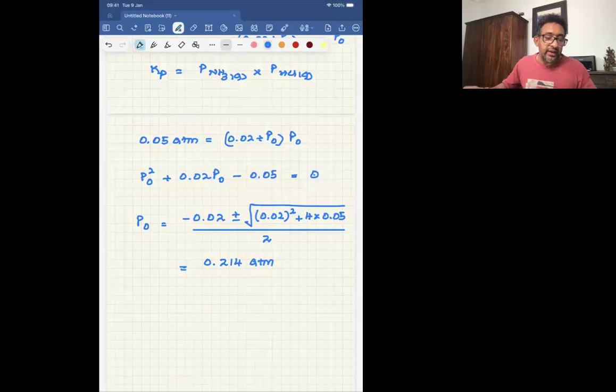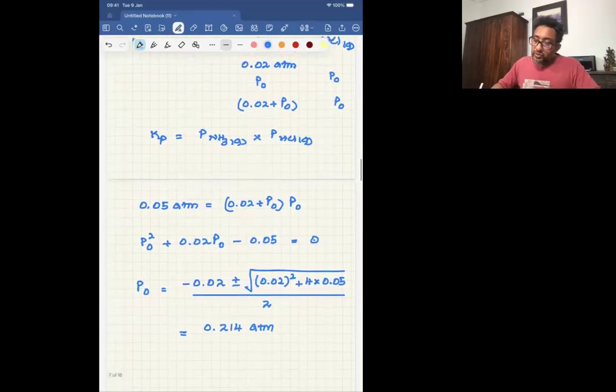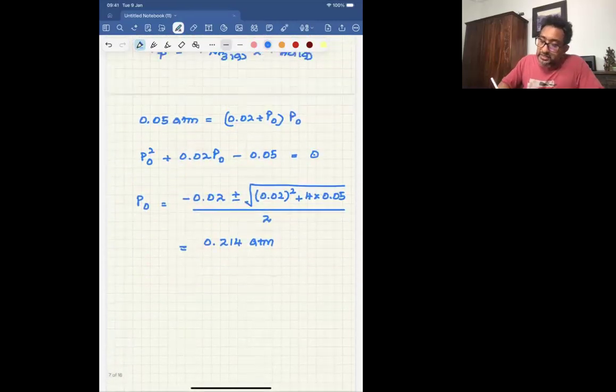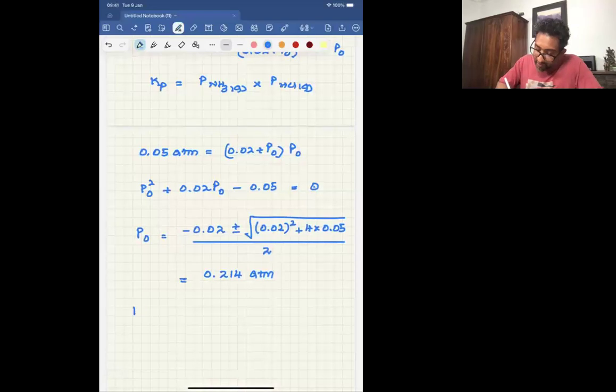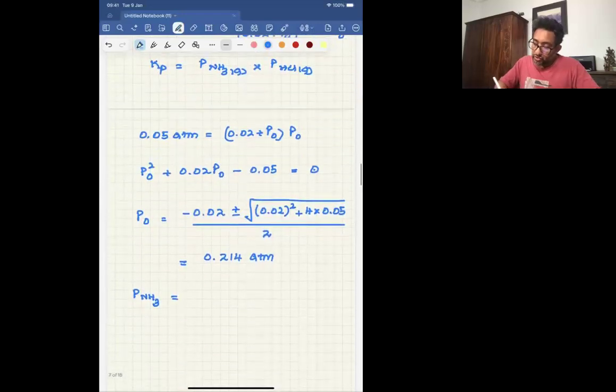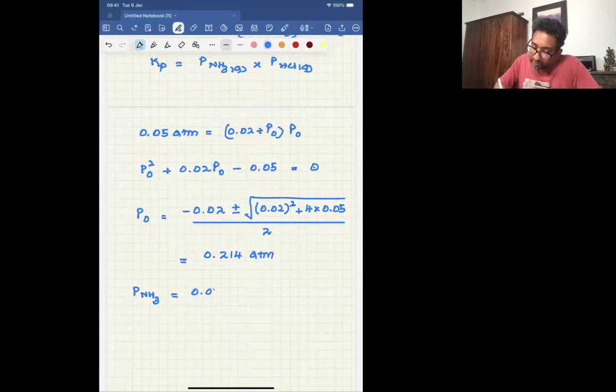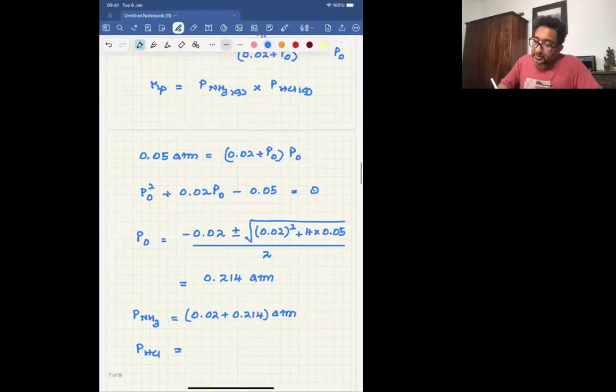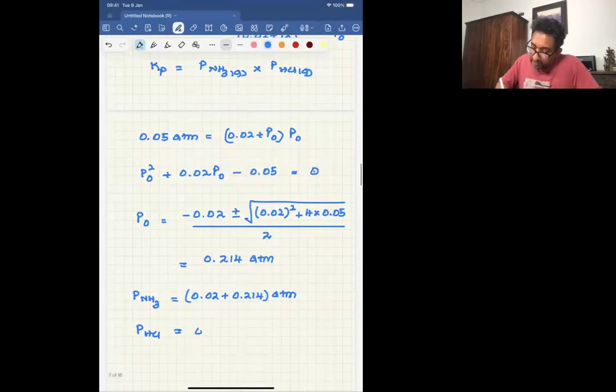So 0.213, right? 0.213. And then what are the pressures? Partial pressure of ammonia is 0.02 plus 0.214 atm. Partial pressure of HCl, what is that? The same value, 0.214 atm.